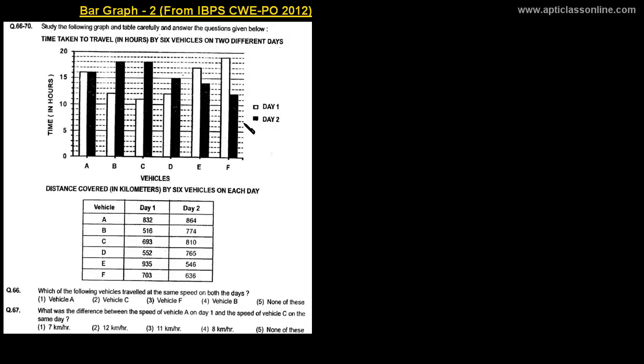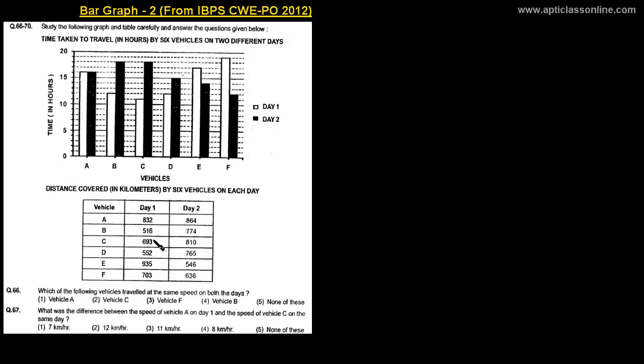So this is the bar graph, and below this the distance covered in kilometers by 6 vehicles on each day is represented by this data table. In the first column the vehicles A, B, C, D, E, F are written.